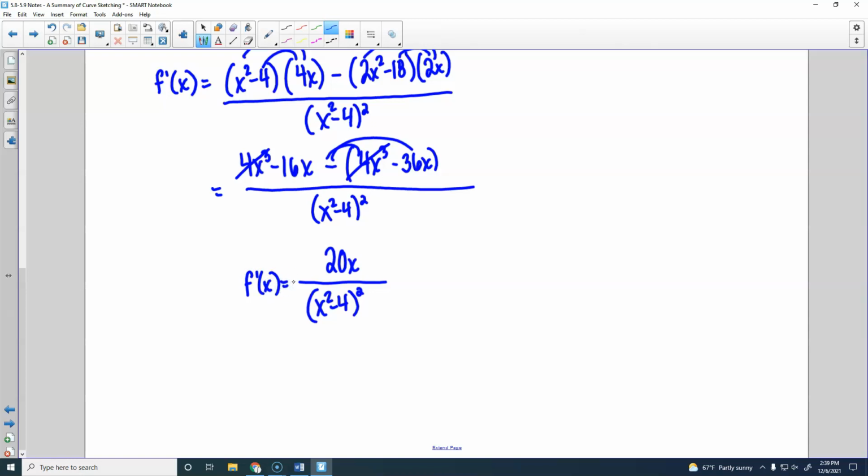Are we okay here? Negative 16, and that's going to be a positive 36 when you distribute that negative. Okay?